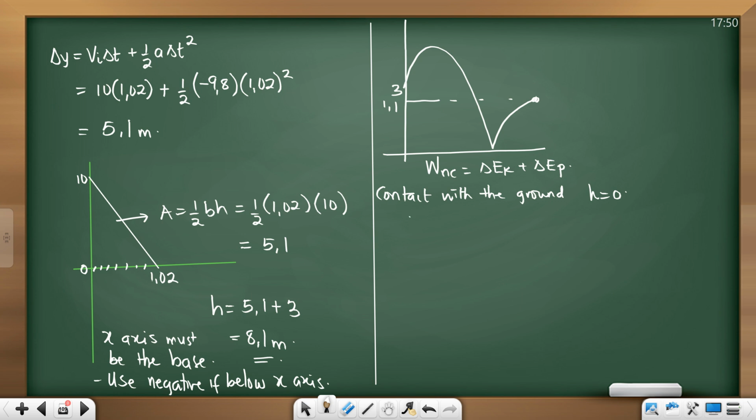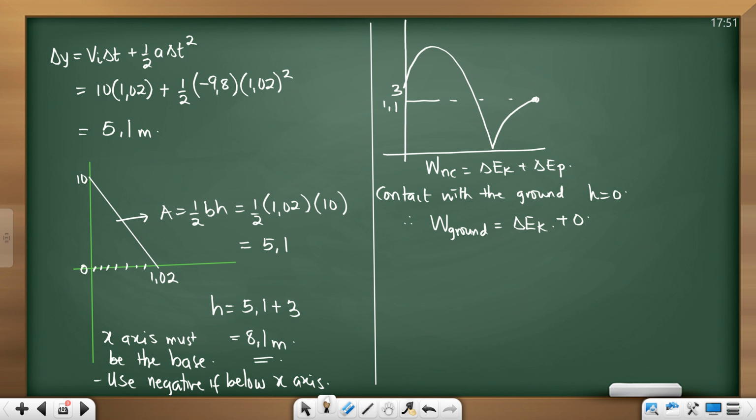Therefore, work done by non-conservative, or let's interpret, work done by the ground, since it's applied, will therefore be equal to change in kinetic energy plus 0. I hope that makes sense.